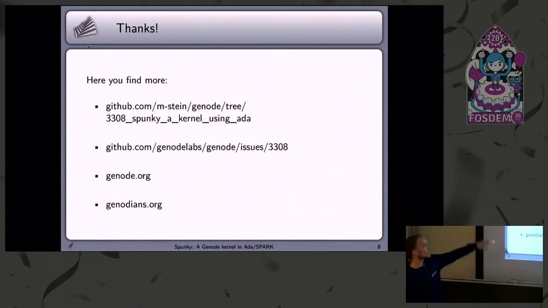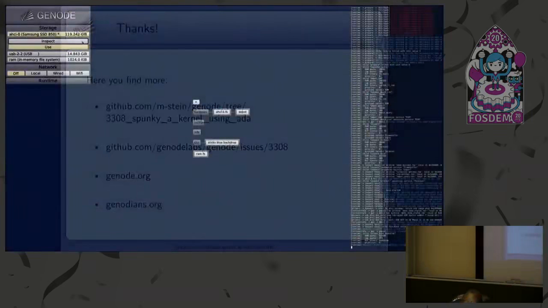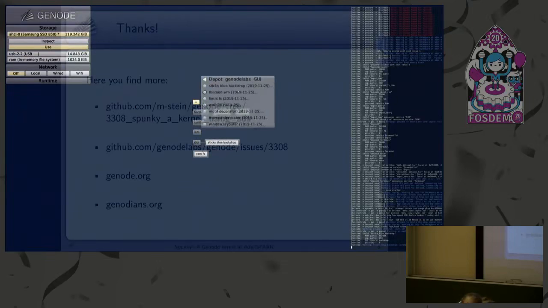You can try it out if you want, because actually, yeah, I wanted to show this, I forgot this. If you want, note this system I'm running on, it's Spunky itself. And you can see here that it's already pretty productive, I would say.